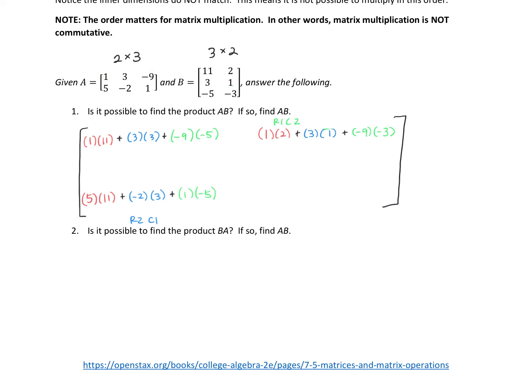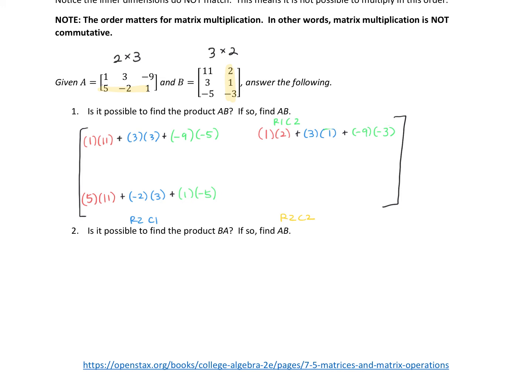Okay, so second row, second column. So that is going to go in row 2, column 2. That's going to be where the element is.